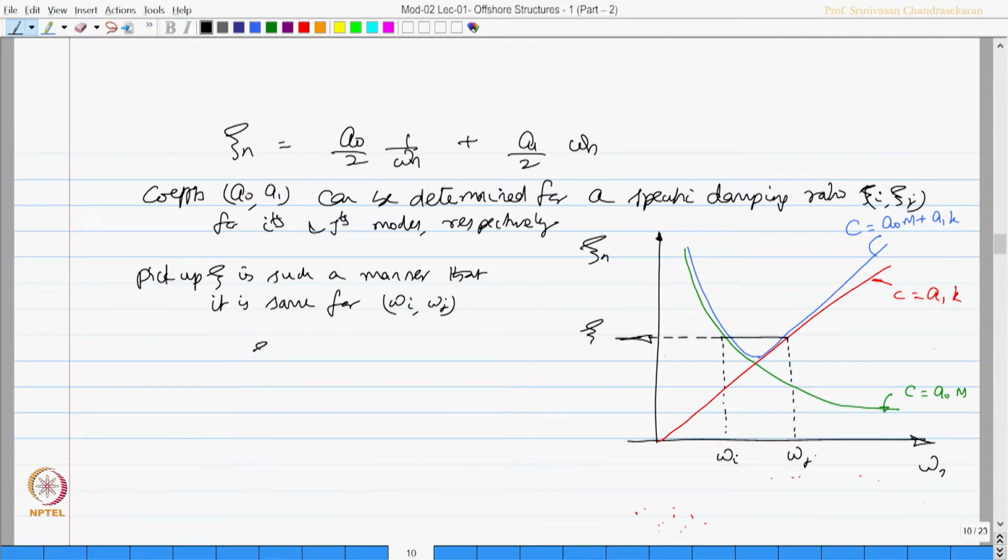So, zeta i is going to be A0 by 2 times 1 by omega i, and zeta j is A1 by 2 omega j. Hence, zeta n is A0 by 2 times 1 by omega n plus A1 by 2 omega n.